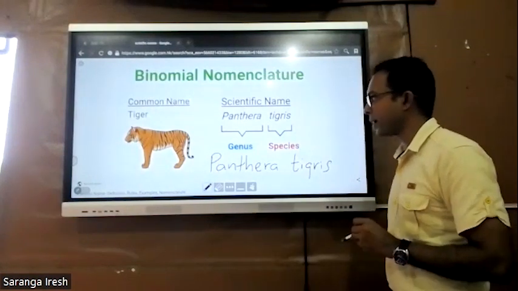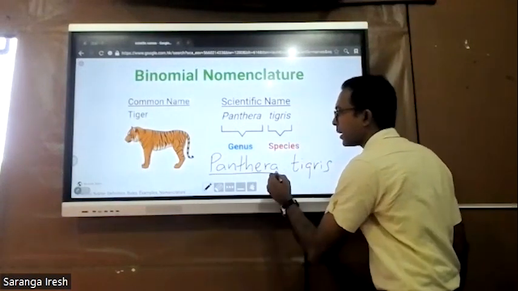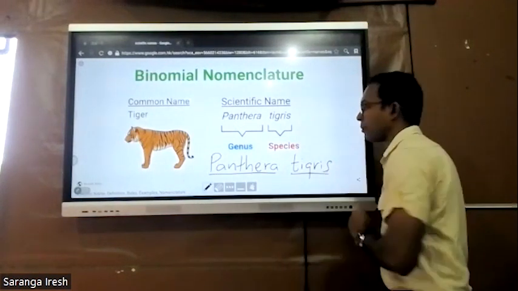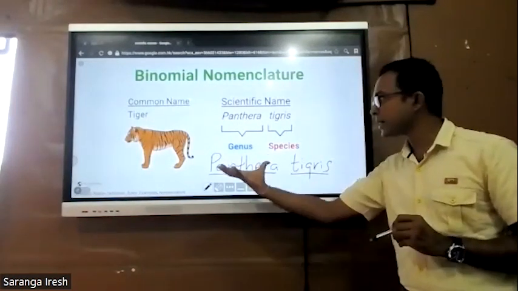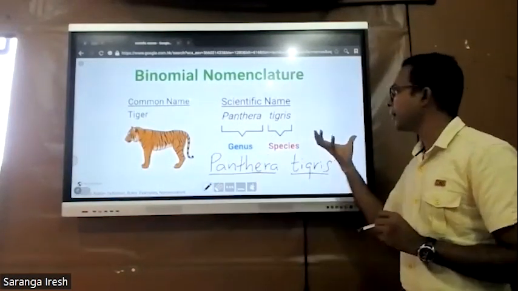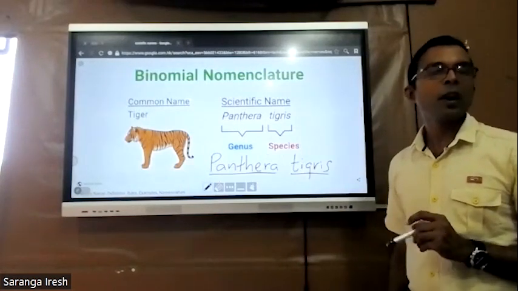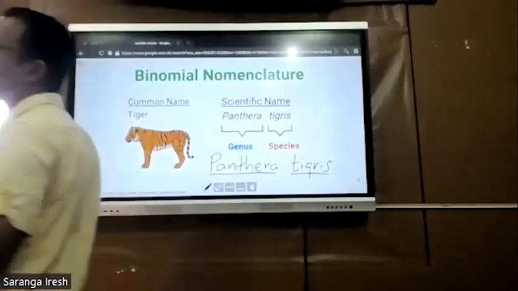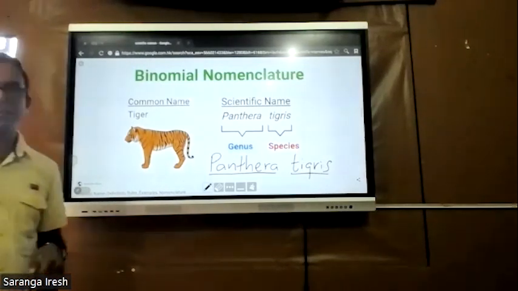And what is the rule? I have to underline each name separately. It's not a single line. The genus name should be underlined and the species name also should be underlined. If you are not underlining, it may be a scientific name, but you are not following the perfect rules, so you will not get marks.